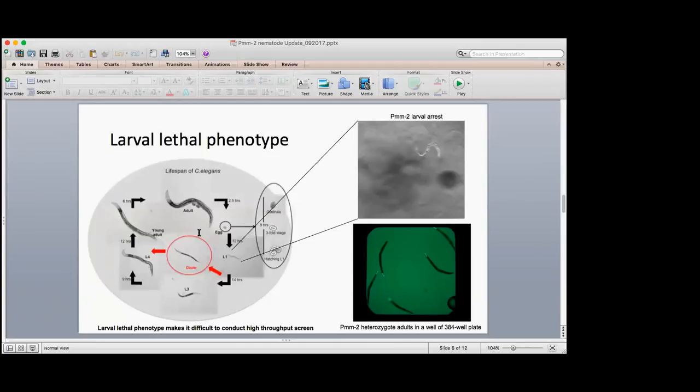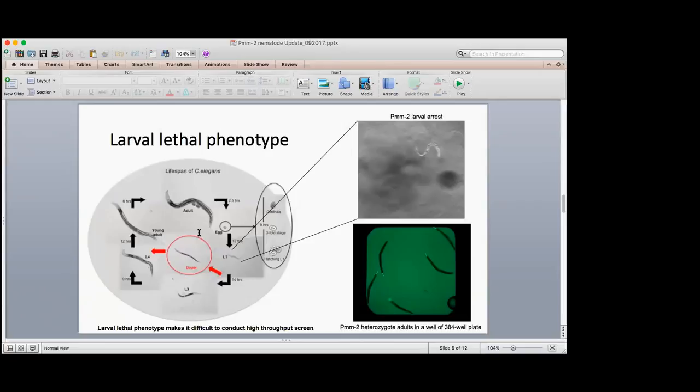But the worms are quite sick, and the problem is we need to generate lots of homozygous animals. But this mutation is homozygous lethal. So you have to grow up the carriers. Only some percentage of their offspring are homozygotes. You have to isolate those physically. And it's usually hard to do when you've got a homozygous lethal mutation. It's hard to get enough animals to do any kind of study because they're just simply dying so soon.